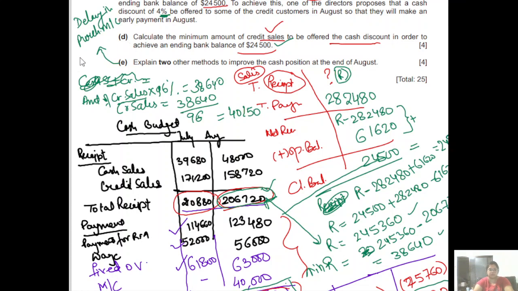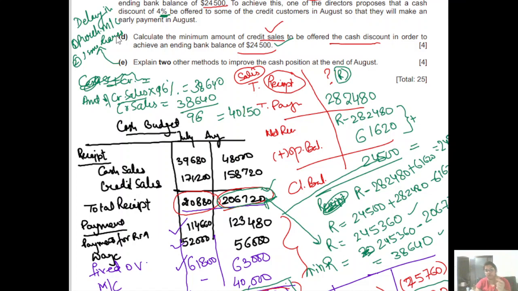Or you can issue shares because you need more cash. For a non-current asset, it should be financed by long-term funds. So this is the thing.